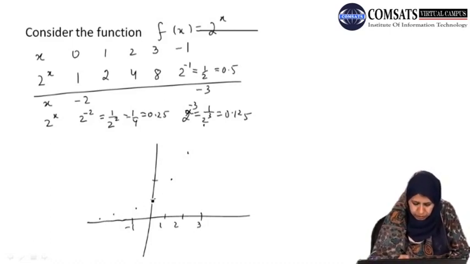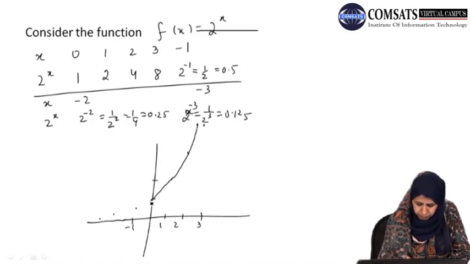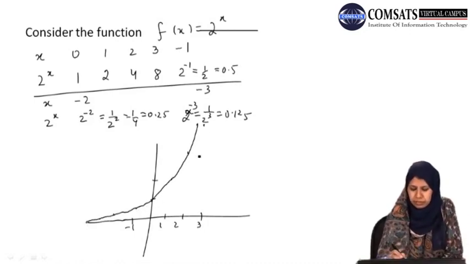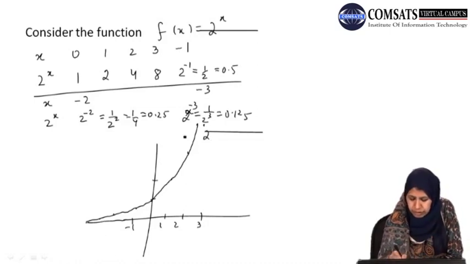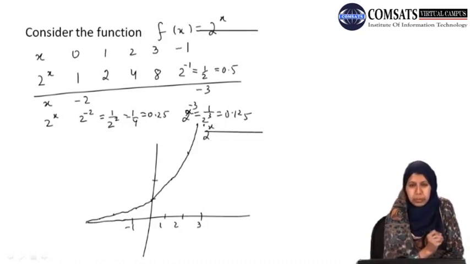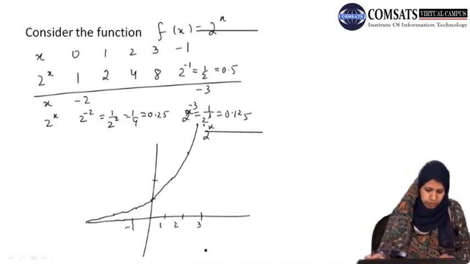And now joining all these points, we obtain some graph like this, which is a graph of the exponential function 2 to the power x.